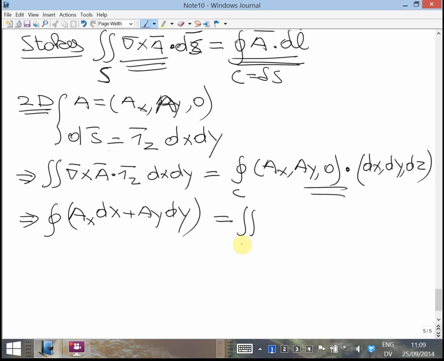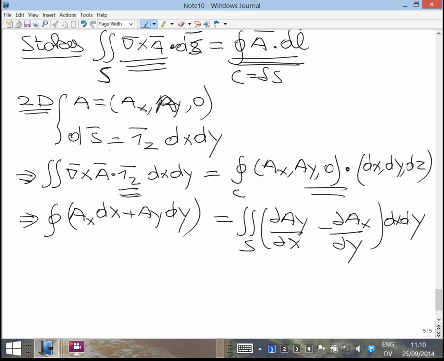And then for our surface integral S, we only need to look at the z component of the curl. And if you look back at the formulas that we started this class with, the z component of the curl gives you d ay/dx minus d ax/dy, dx dy.